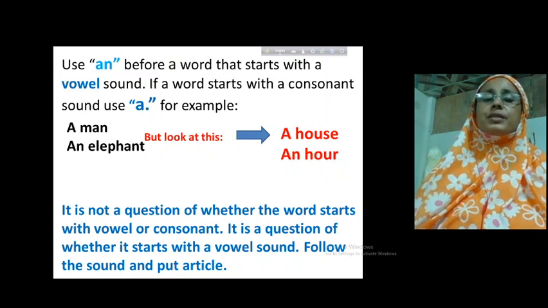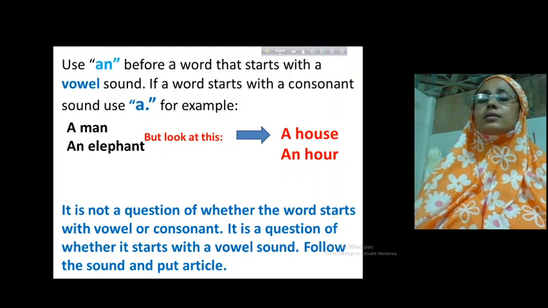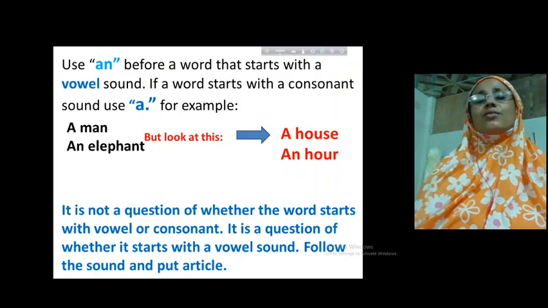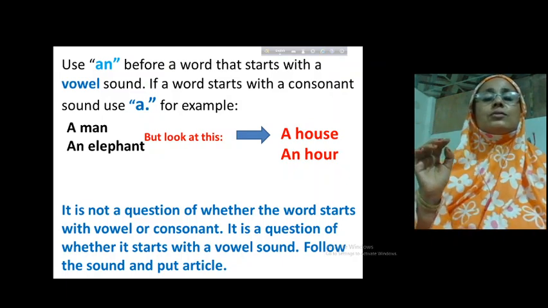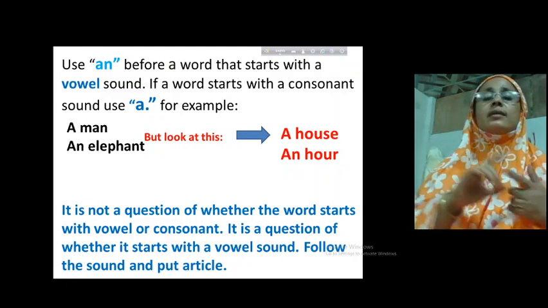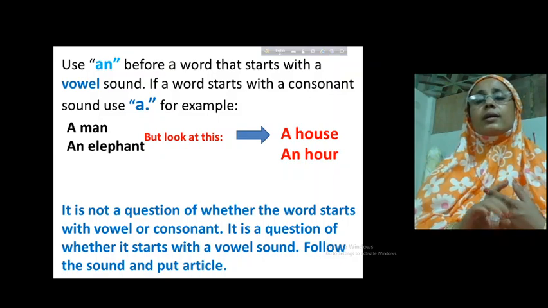It is not a question of whether the word starts with a vowel or consonant letter. It is a question of whether it starts with a vowel sound or a consonant sound. Listen to the sound, see what happens, and then use the article. Is it okay? Clear?